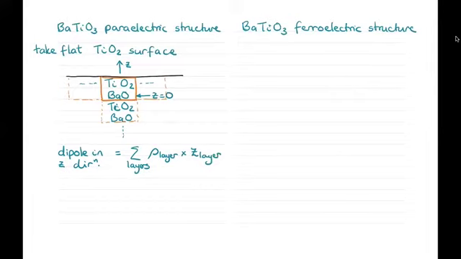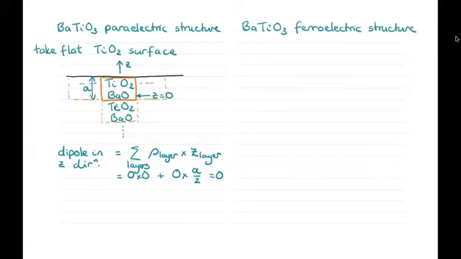I'm combining all of the ions in each layer into one common charge. And this is trivial because the charge on each layer is 0. So in this case, I get 0 times 0 for the first layer, plus 0 times half a unit cell for the second layer, which is trivially 0. Let's make the size of the unit cell be A.